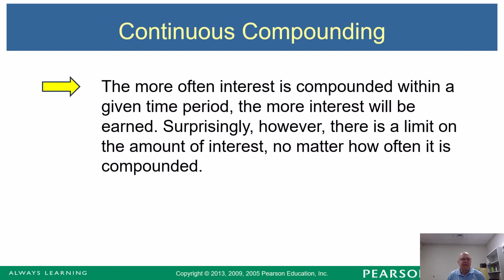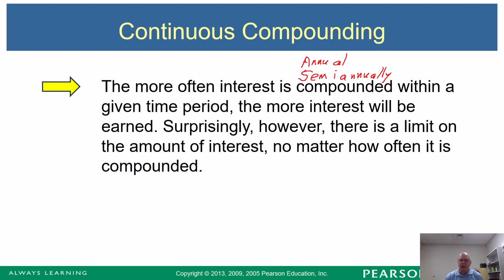One thing that's interesting is the greater the times interest is compounded, the more money we're going to get back. If it's annual, that does a good job for us. If our interest is compounded semi-annually, we'll actually end up with more money.